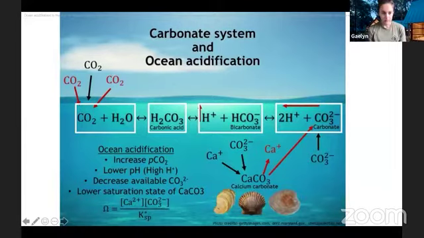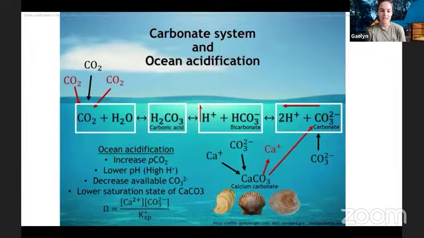As we emit more CO2 into the atmosphere, this is going to keep happening. The ocean's going to keep absorbing a lot of it, and then we're going to keep altering this process. So ocean acidification is an increase in particulate CO2, which results in a lower pH, which means higher hydrogen ions, right?